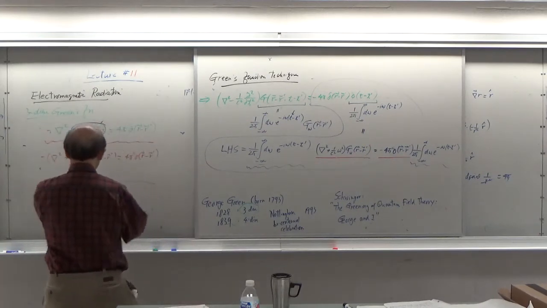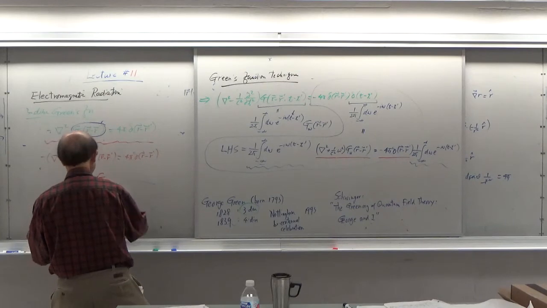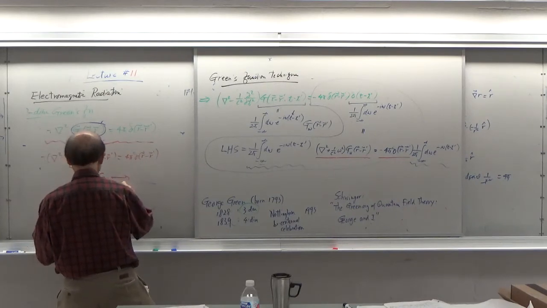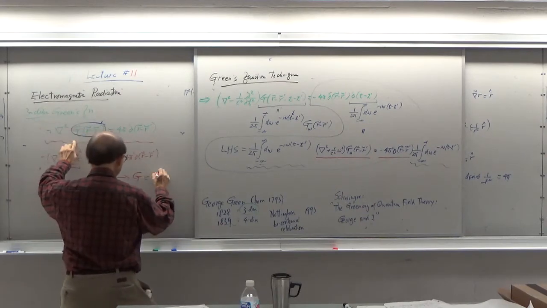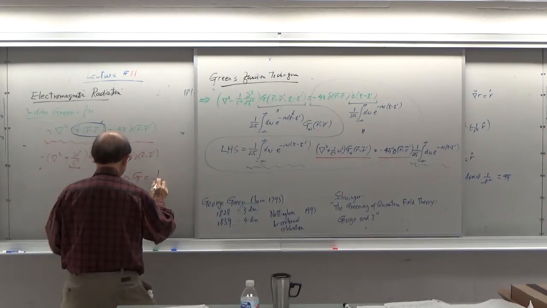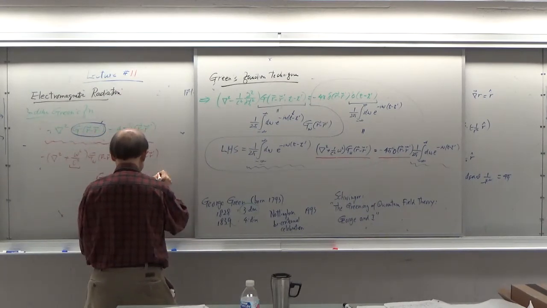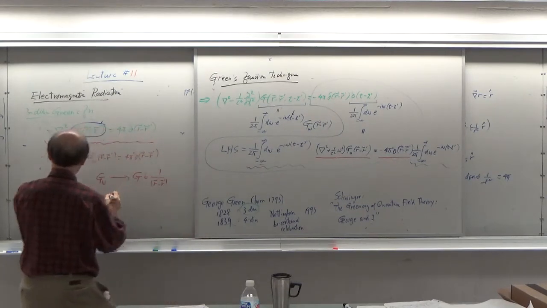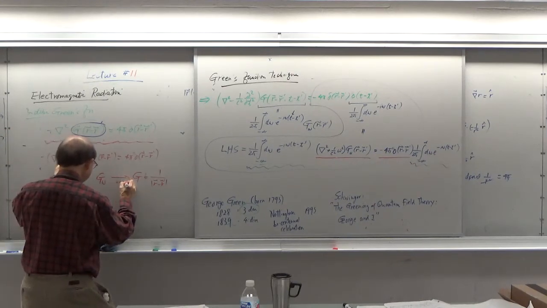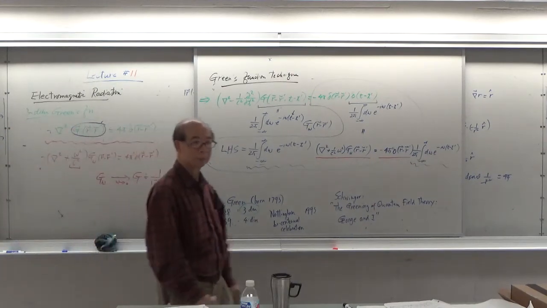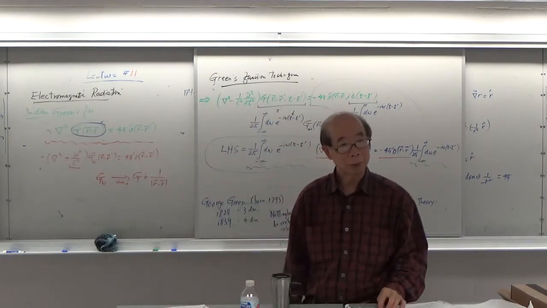So in fact, g sub omega would go to the Green's function that I've solved, which is 1 over the magnitude of r minus r prime, in the static limit, omega goes to 0. That's one thing that we know.